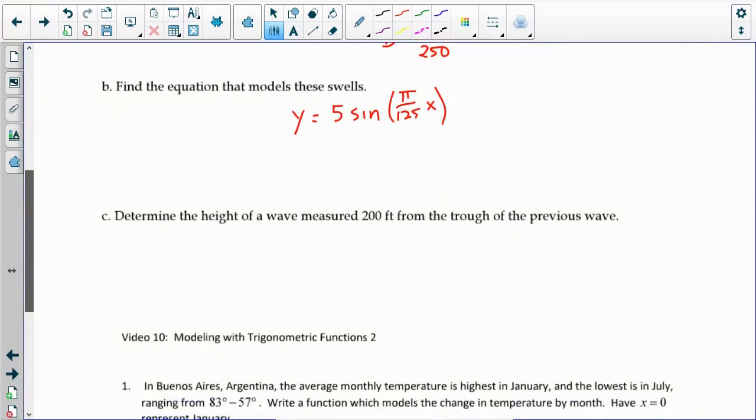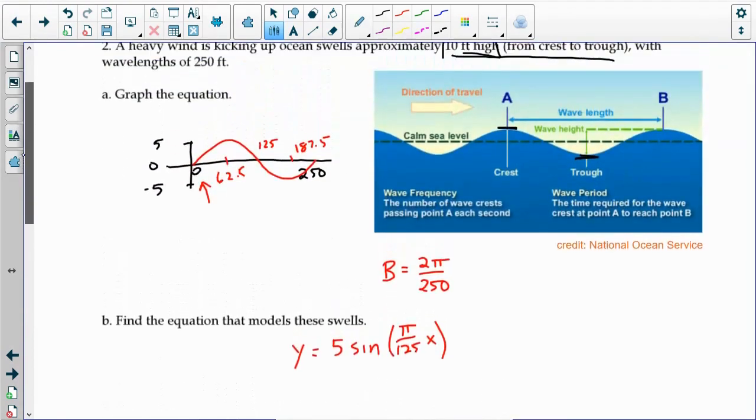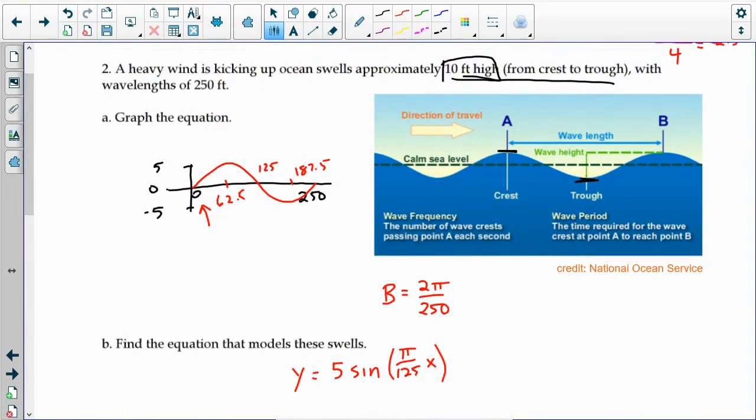Now I'm going to determine the height of a wave measured 200 feet from the trough of the previous wave. So I could make a whole new equation, but I don't really have to. Here's the start of a trough at 187.5. 200 feet past that is going to be 200 plus 187.5.